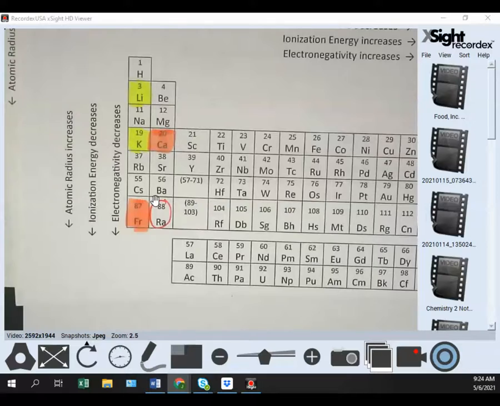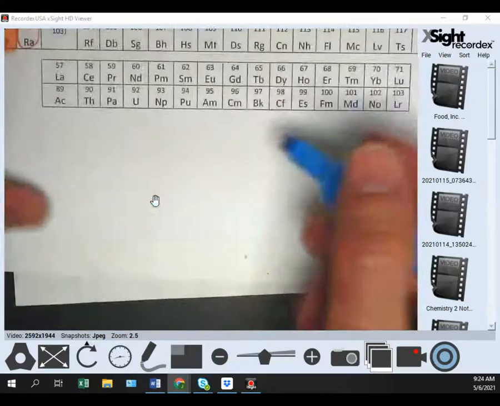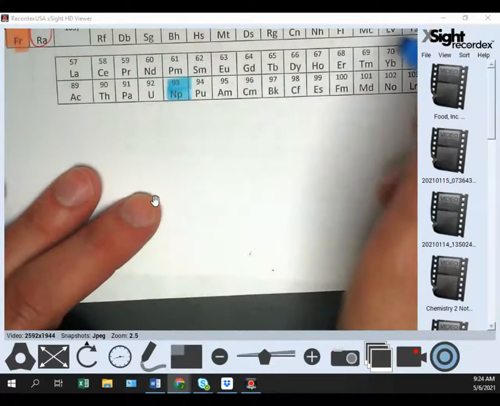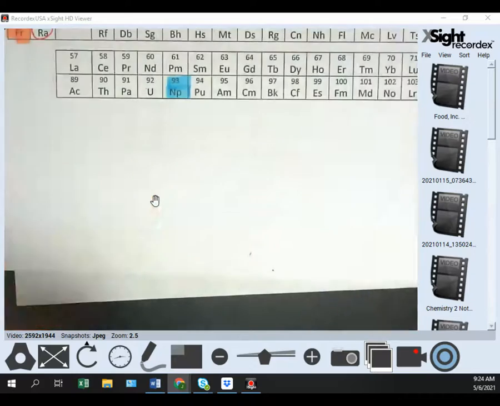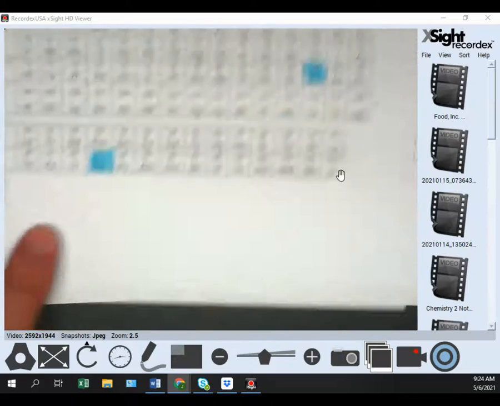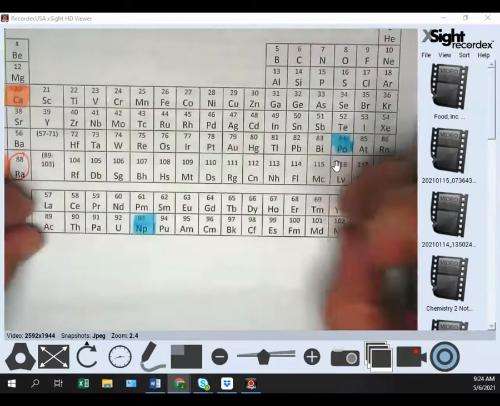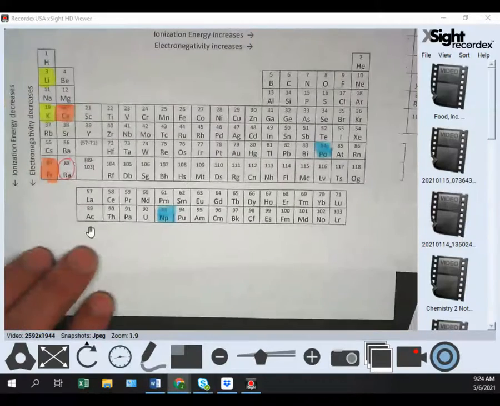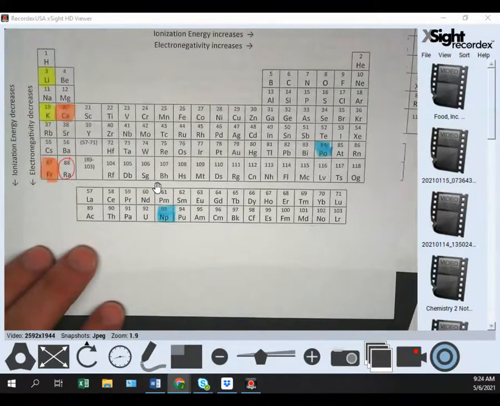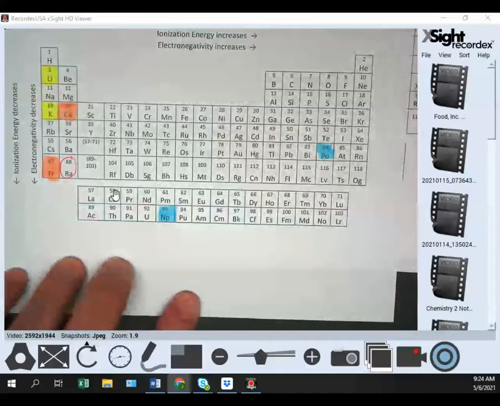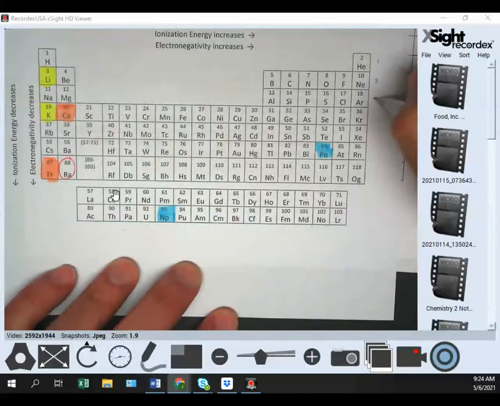So Np is here, right? And Po is here. So, sorry. There we go. Okay. So these two go in this spot here. If you were to number the rows down, it'd be 1, 2, 3, 4, 5, 6, 7.